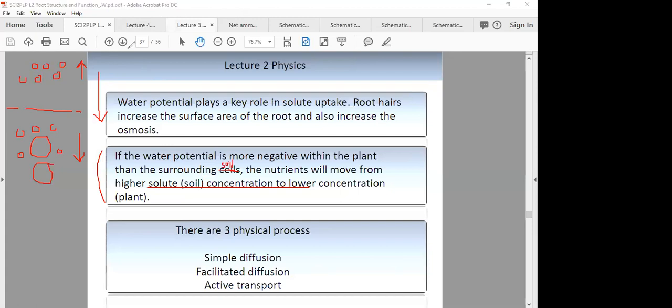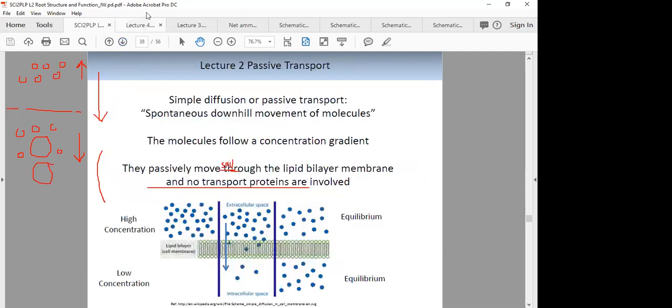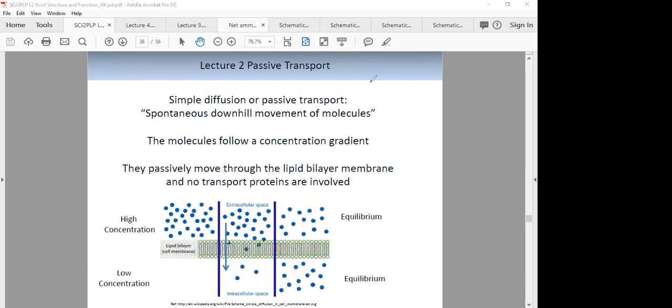All right, so let's move on now to slide 38. And I'll just clear this drawing. All right, so let's look at this diagram here where we're looking at just passive diffusion of molecules through a cell membrane, through the lipid bilayer of the cell membrane.